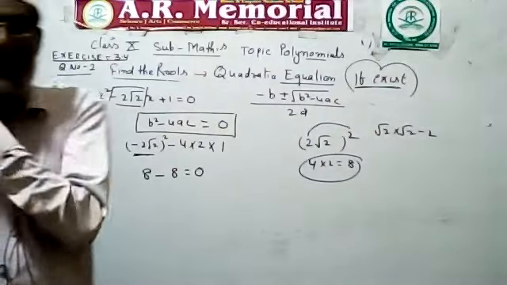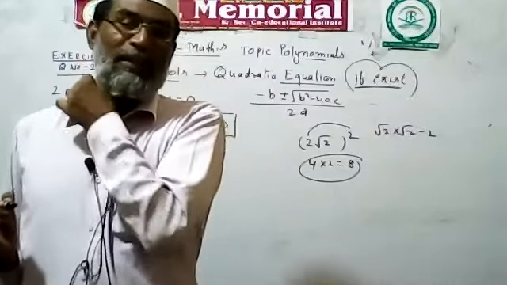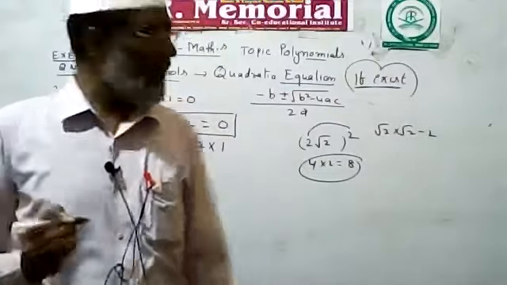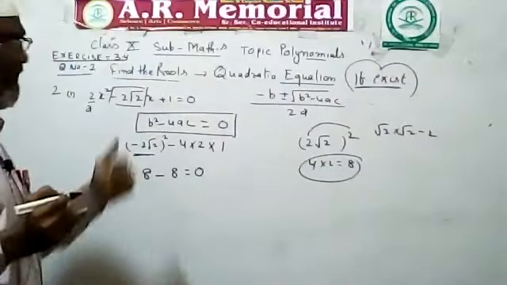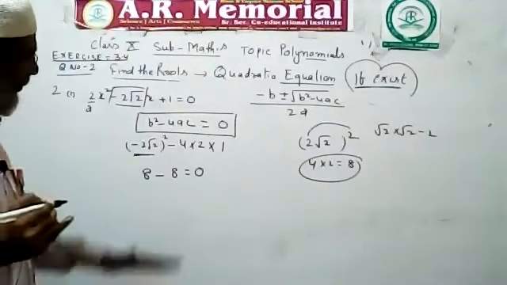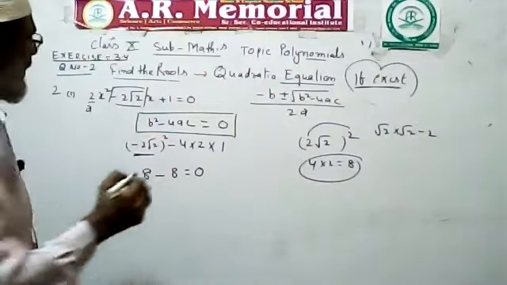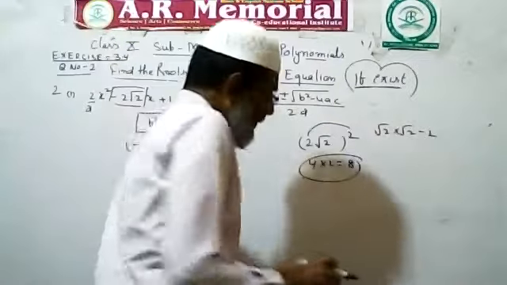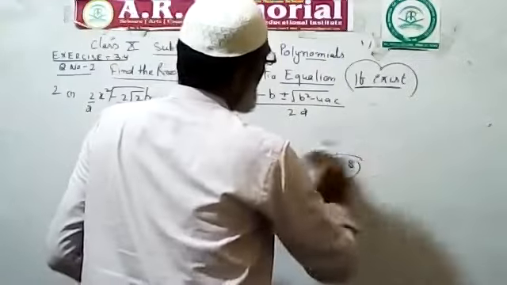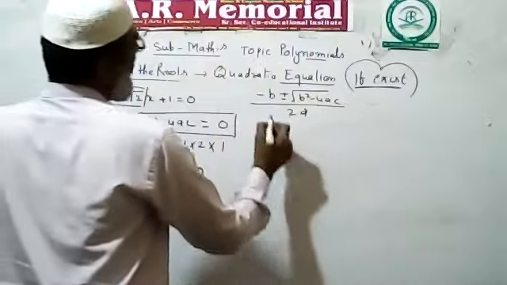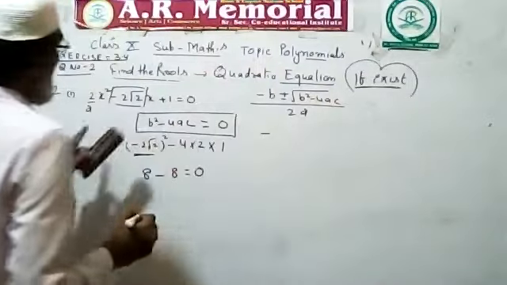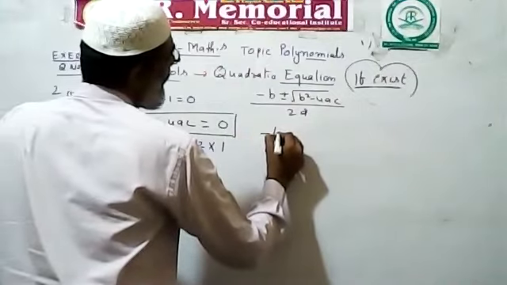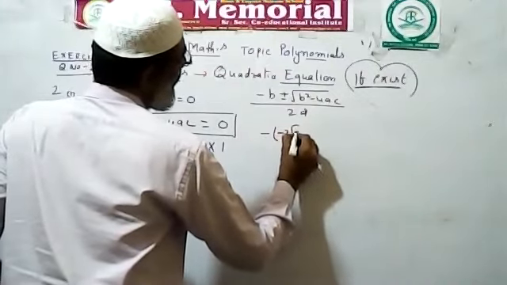So one thing is clear: two real roots. Sir, what can we do? Now you put this value of 0. Now I am taking the complete number. I am putting the values of all A, B, C which I got here. Yes, minus B. Where is the B? Minus 2 root 2.